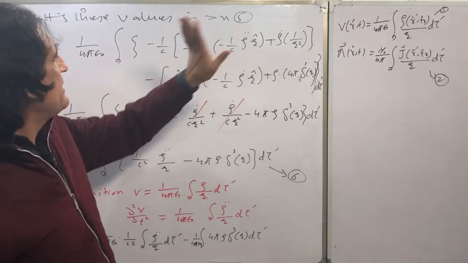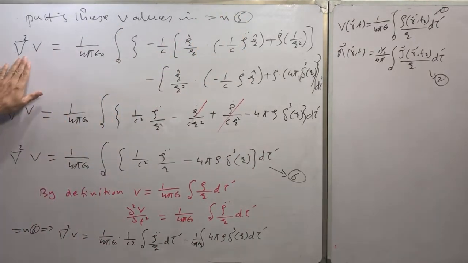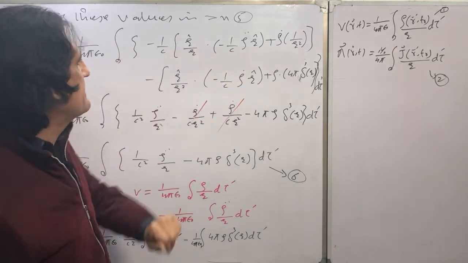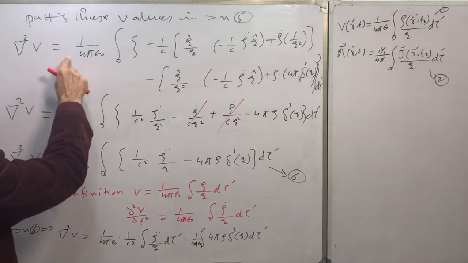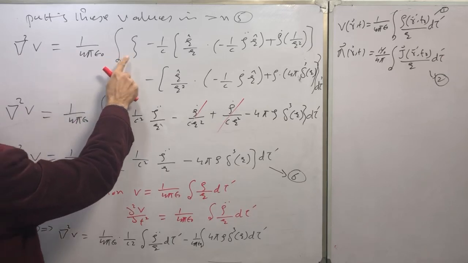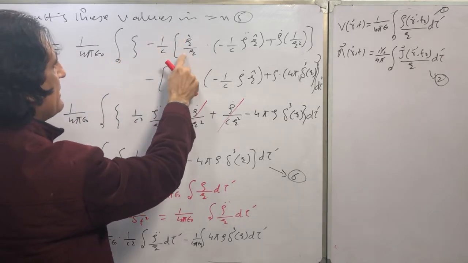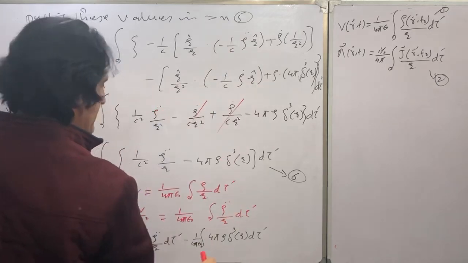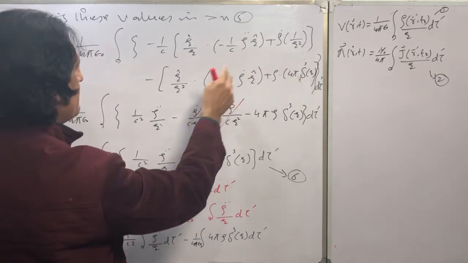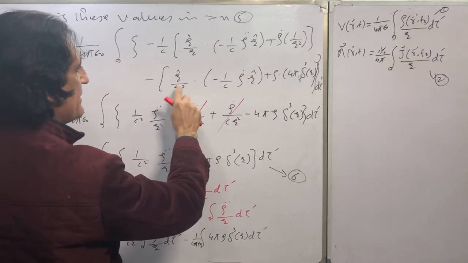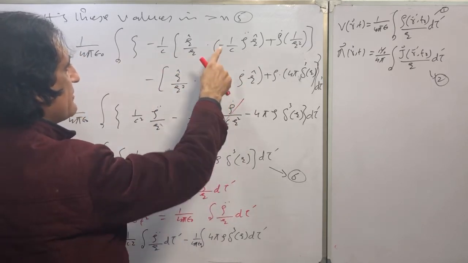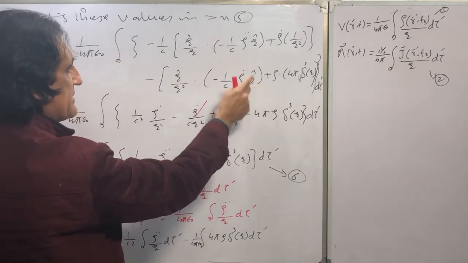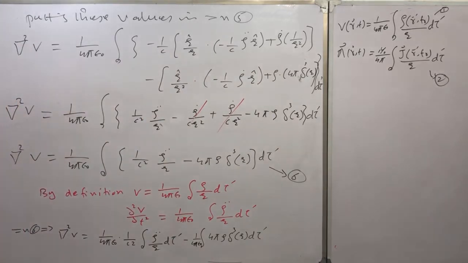Putting these values in equation number 5, we have this relation: del square v is equal to 1 over 4 pi epsilon naught, minus 1 over c, this one, this is the value of delta rho. If we put all the values in equation number 5, we can get this equation.